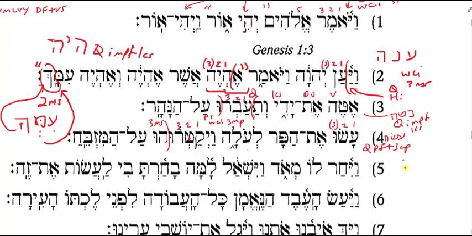Okay, let's look at 5. We had talked about vayichar just a little while ago. This is from chara with a chet on the front side. So this is to be hot or angry. WCI 3ms in the Cal, vayichar, and it was hot, lo, to him, me'od, very.